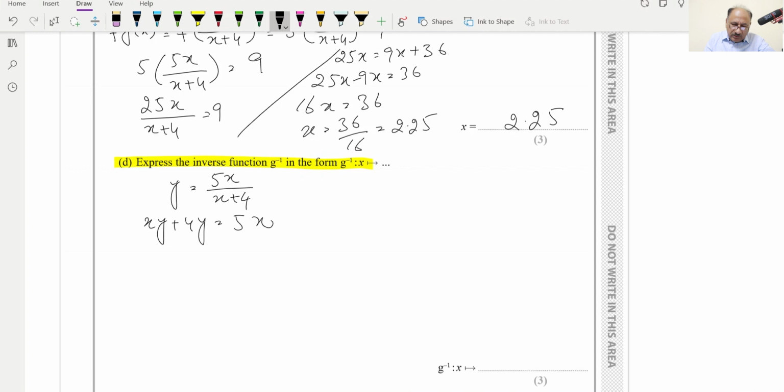Now x, we can shift this 5x to the other side, so it will be xy minus 5x. Basically we can shift xy to other side, so that will be easier.